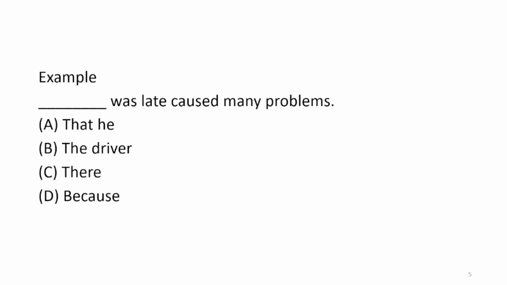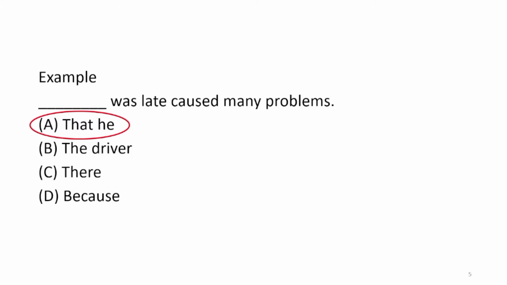Okay, now let's try this example. Who was late caused many problems. So the answer here is A, B, C, or D? Yes, you're right. The answer is A. That he was late caused many problems.